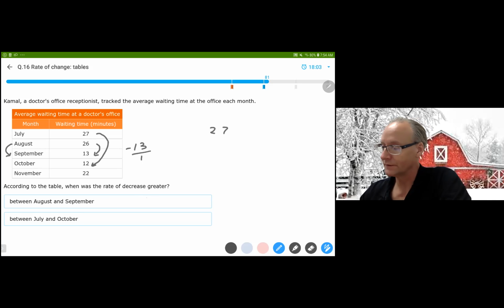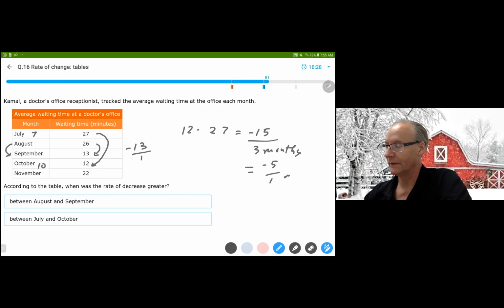Well, we went down, so it's 12 minus 27, which went down 15, didn't it? So for this big change, it was minus 15. And a lot of people are going to choose that one, but be careful. We're talking about a period of 3 months, aren't we? Because it's month 7 to month 10. So we went 3 months, which means that the rate is actually negative 5 per 1 month over the entire period. This was a big change right there, wasn't it? So it was between August and September.